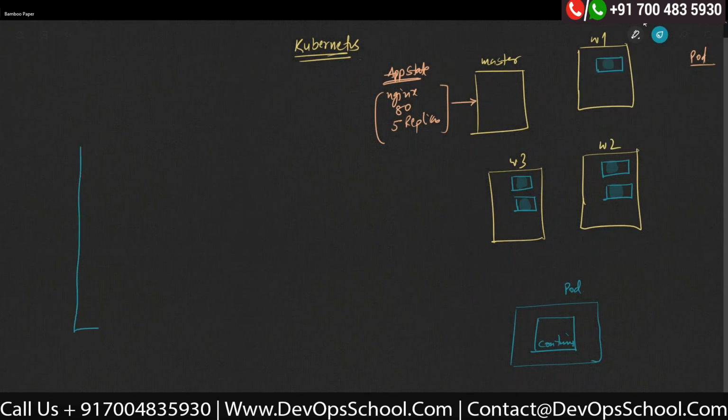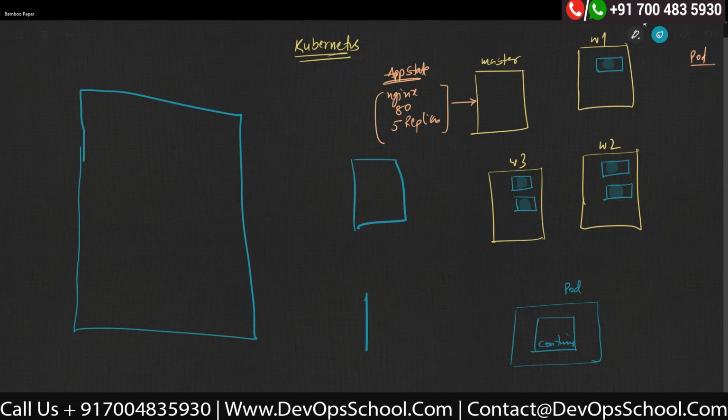This is our master, and let's say we have 2 more nodes, worker machines, right? Master is also known as control plane.